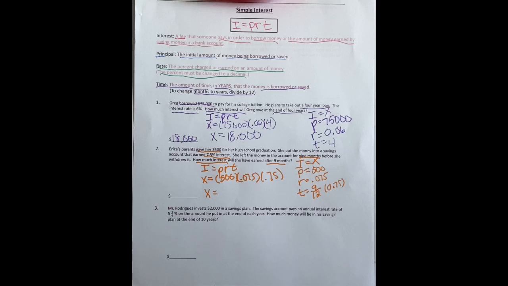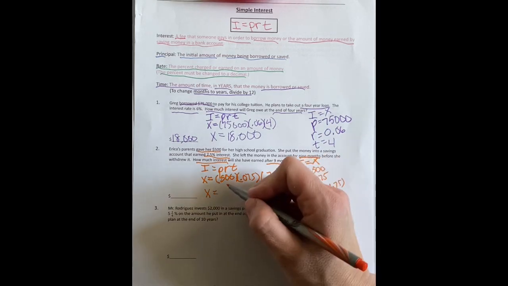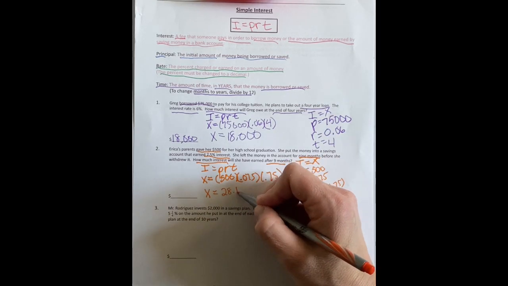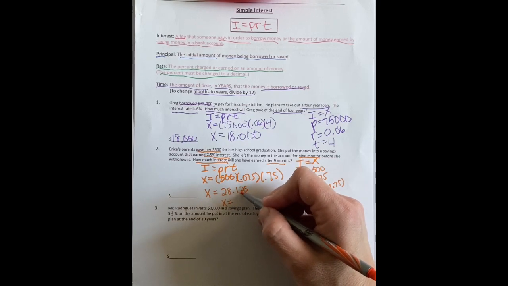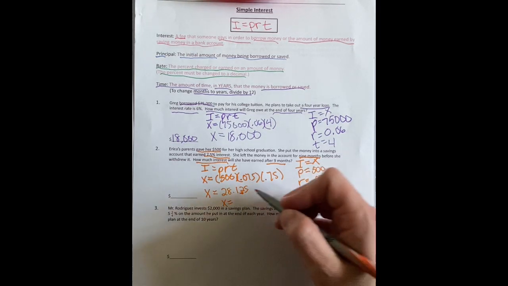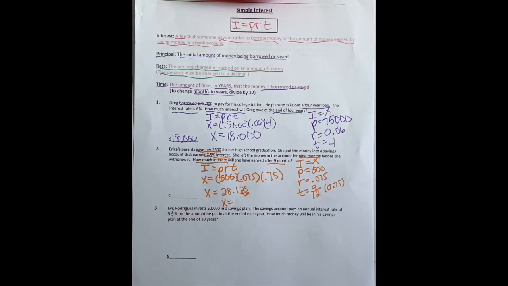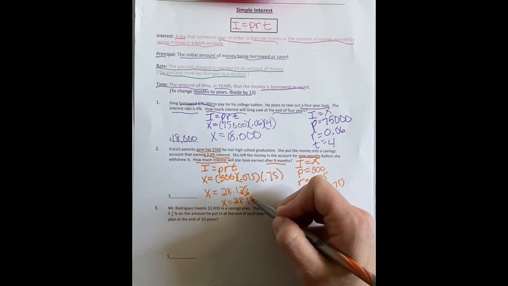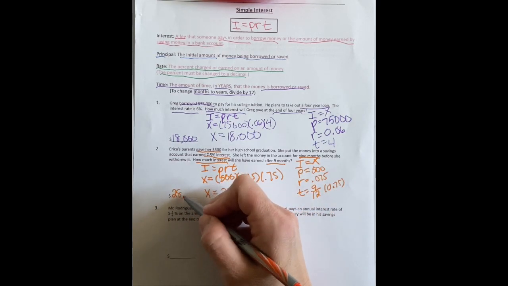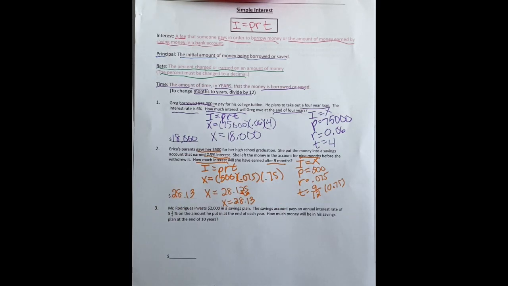So 500 times 0.075 times 0.75. And that would give us 28.125. But because this is money, we have to round to the nearest cent. The nearest cent means to the nearest hundredth place. So the 5 in the thousandths place tells us we have to round that 2 up to a 3 to get $28.13. So that's the amount of interest she would gain after 9 months.